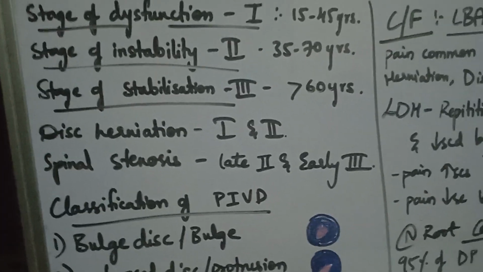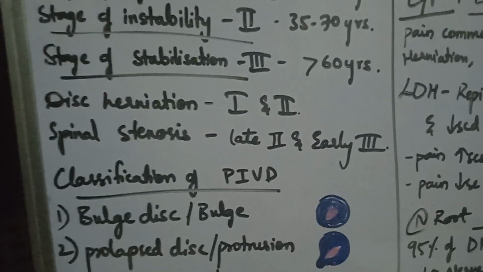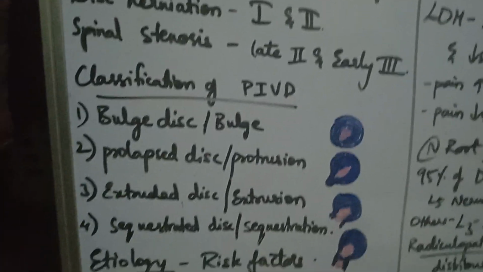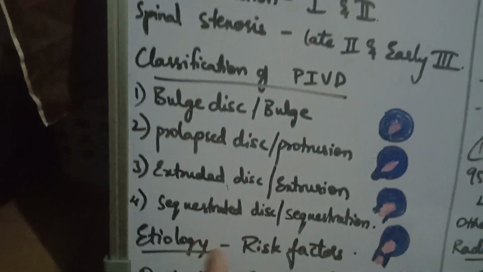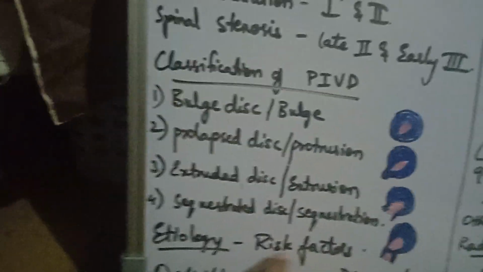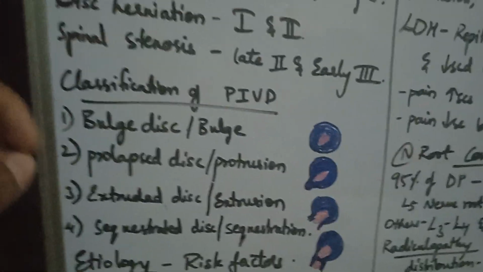And also jobs that require heavy and repetitive weightlifting activities, and women with more number of pregnancies. And also if you don't have a good posture, this all comes under the risk factors that you are at a very high risk of getting intervertebral disc prolapse.